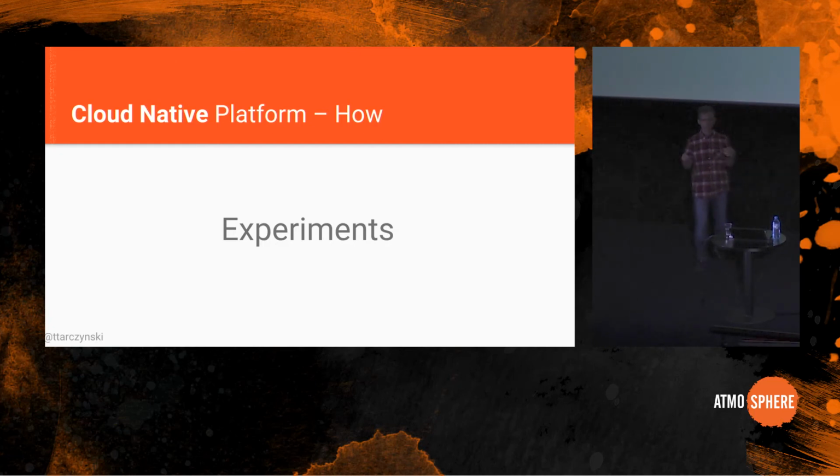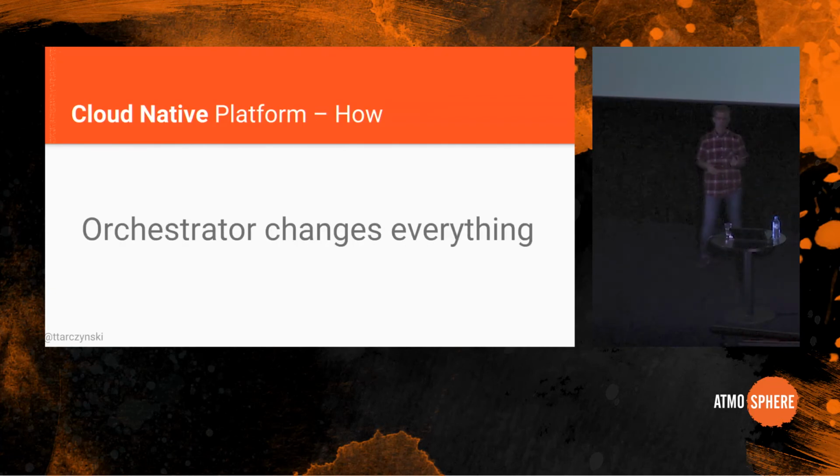The first of them is that usage of an orchestrator is really a big change for how we do things. It would change everything about how we approach automation, how we configure our apps, how we set interconnections between them, and how we do monitoring. For example, if those services would be coming up and going away very fast, then the tools that we use, which are host-centric, probably would not work very well.